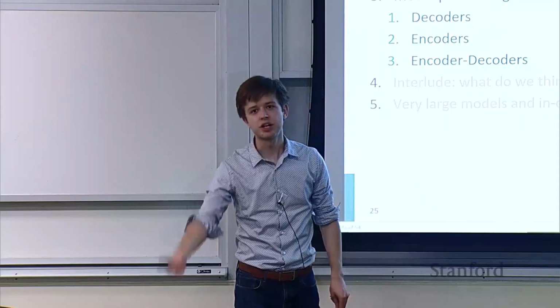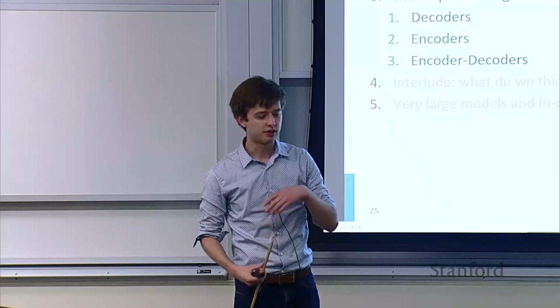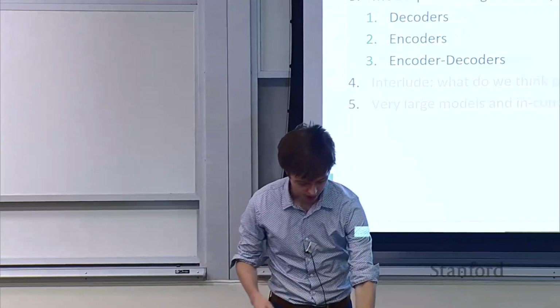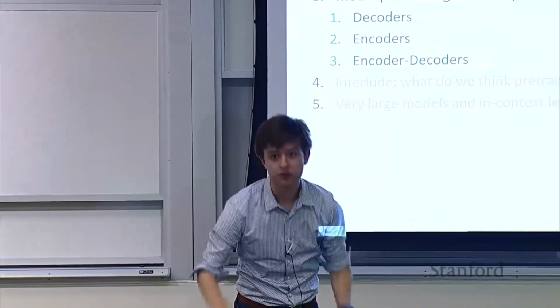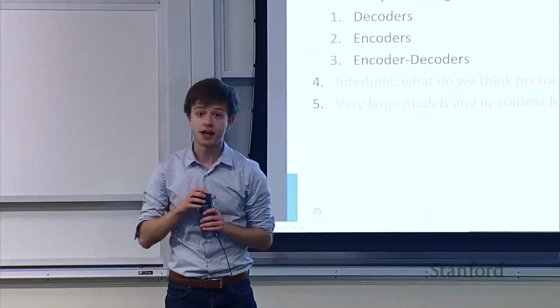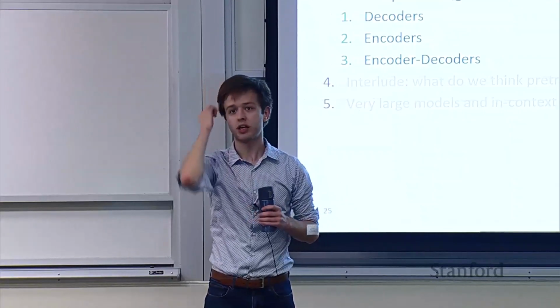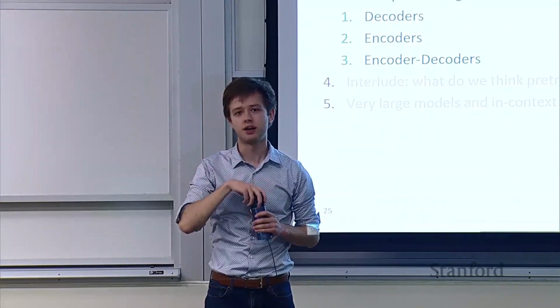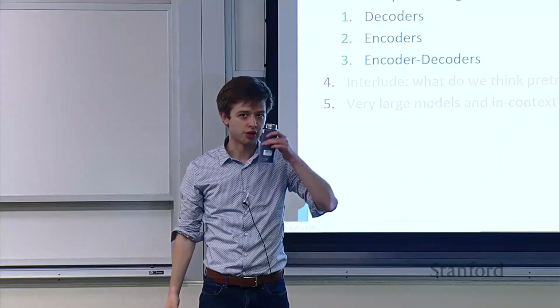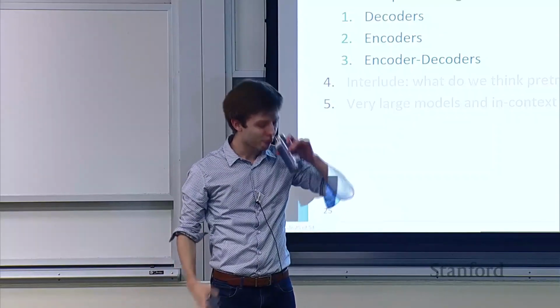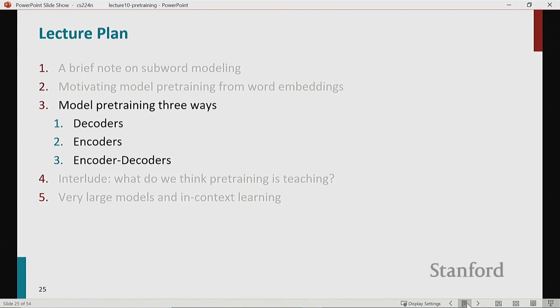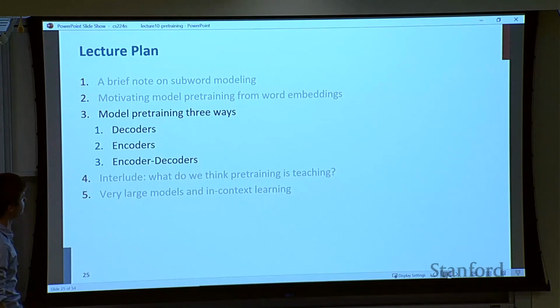The kinds of pre-training you can do, and the kinds of applications or uses of those pre-trained models that are most natural, actually depend strongly on whether you choose to pre-train an encoder, a decoder, or an encoder-decoder. And so I think it's useful, as we go through some of these popular model names that you need to know and what their innovations were, to split it up into these categories.